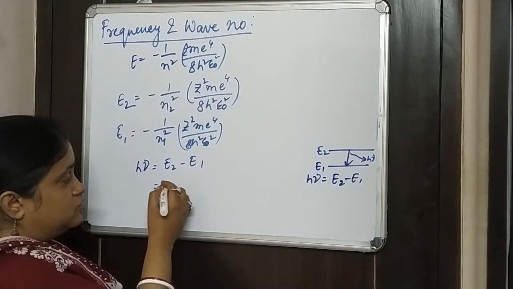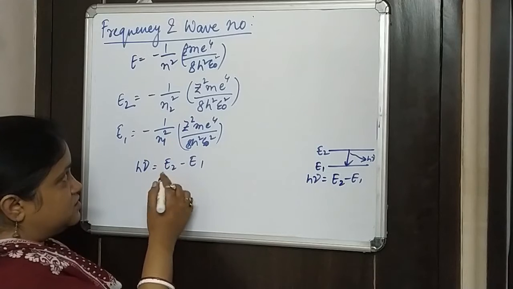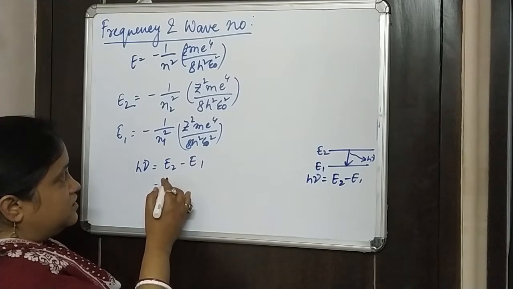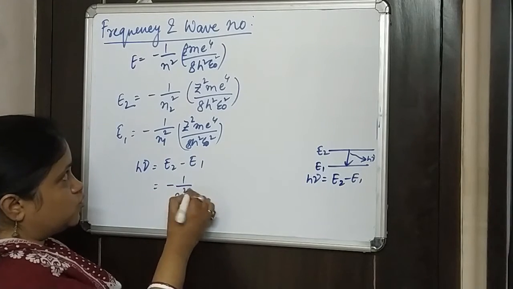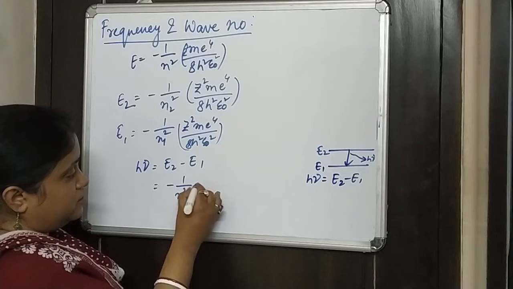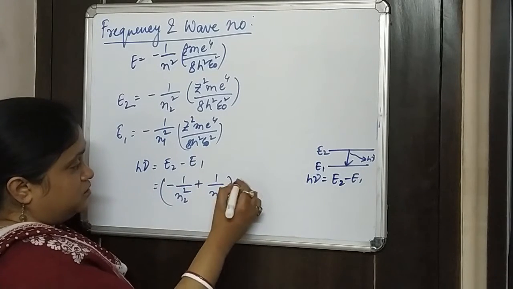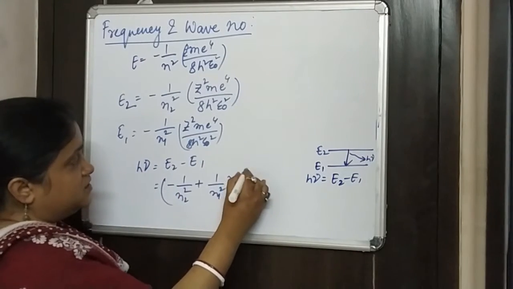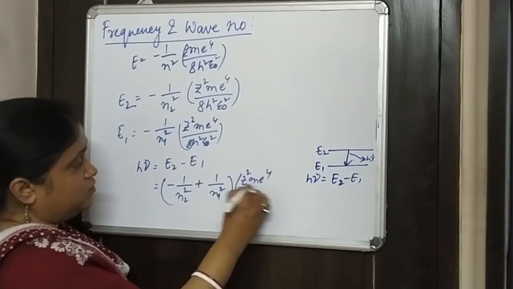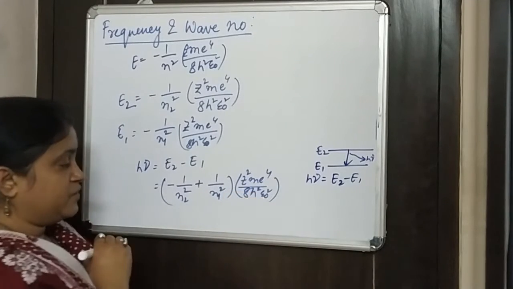So we will just take this common, then we will get minus 1 by n2 square plus 1 by n1 square, into, taking this common, Z square m e^4 by 8 h square epsilon naught square, right?